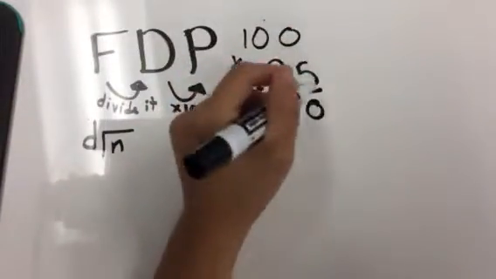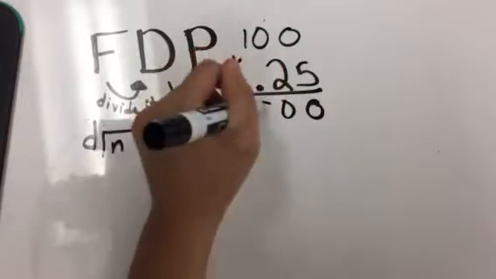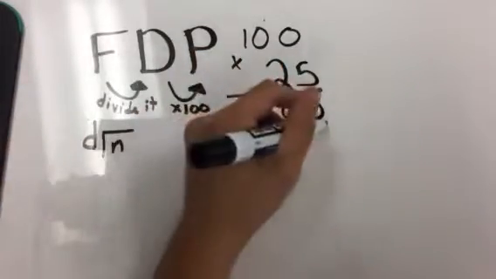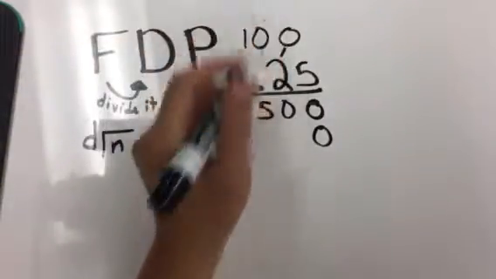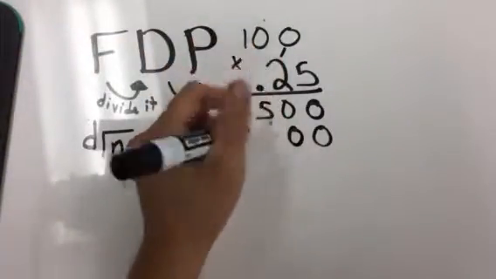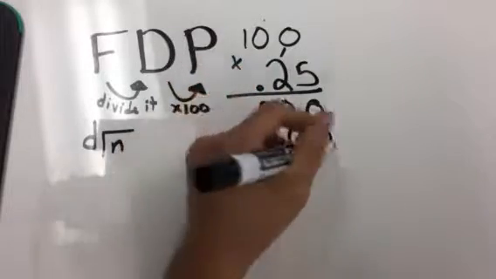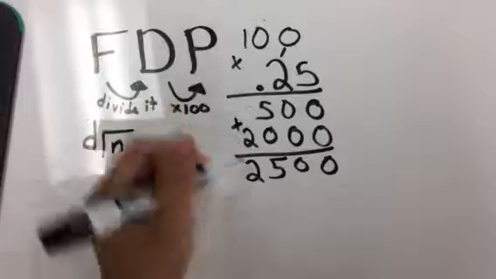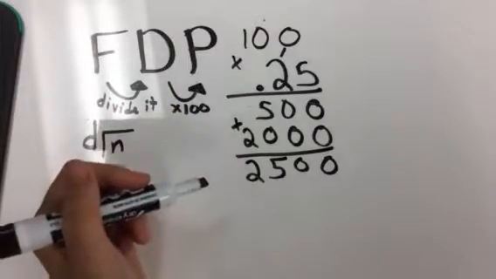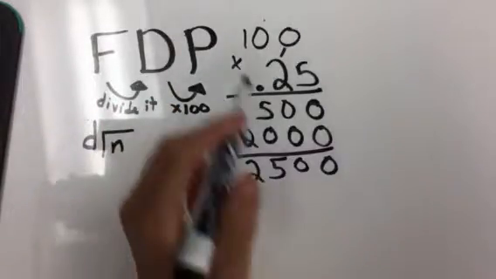5 times 0 is 0, 5 times 0 is 0, 5 times 1 is 5. I have my placeholder here, and then I just do it again. 2 times 0 is 0, 2 times 0 is 0, 2 times 1 is 2. If I add that together, I have 2,500 as my answer. But wait.